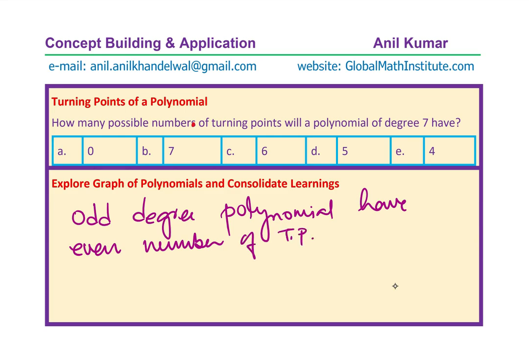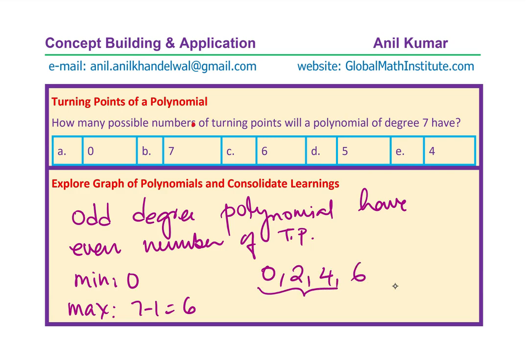And you also know for odd degree, minimum is 0, maximum is n minus 1, 7 minus 1, which is 6. So all possible are 0, 2, 4, and 6. So these are 4 possible solutions. Number of turning points. And that is why the answer is E, which is 4.